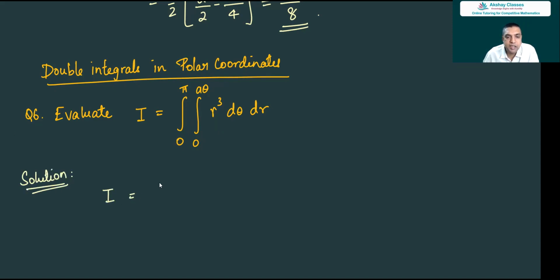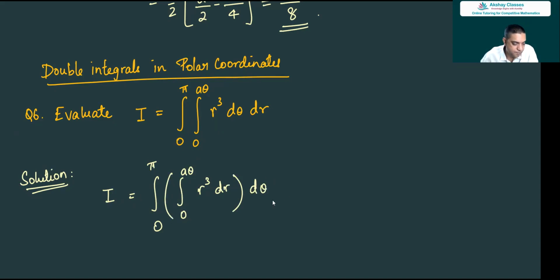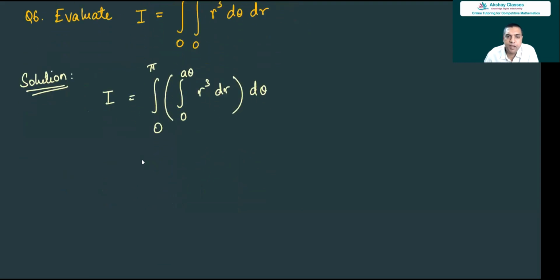So I is the integral 0 to pi, integral 0 to a theta of r cube dr, times d theta. So we get integral 0 to pi of r power 4 by 4, 0 to a theta, d theta.